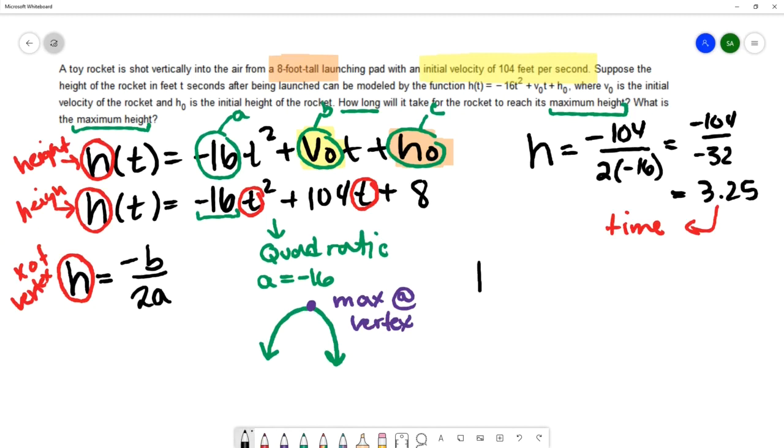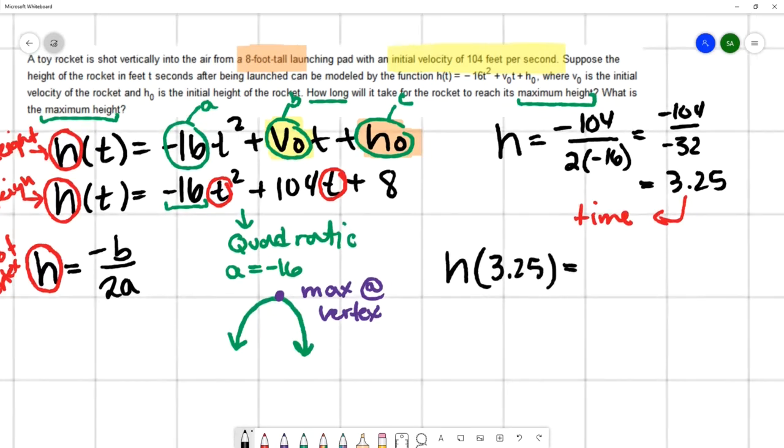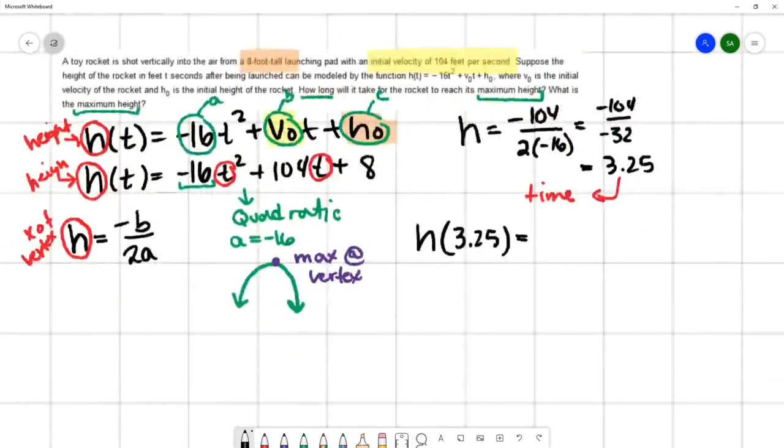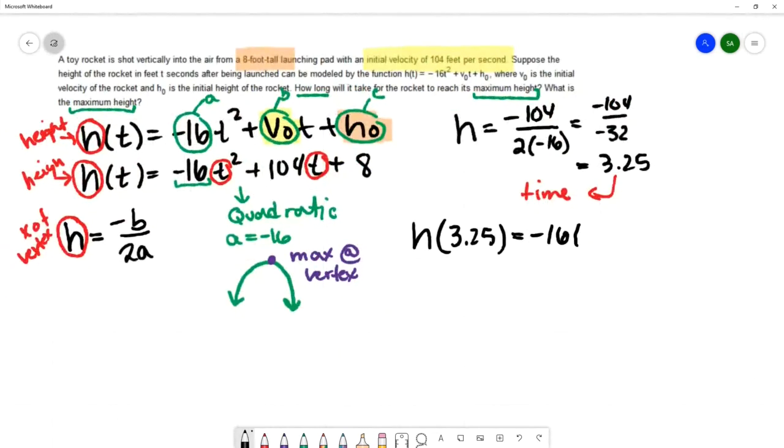So we're going to calculate h of 3.25. That's negative 16 times 3.25 squared plus 104 times 3.25 plus 8. And let's get our calculator to work that out.